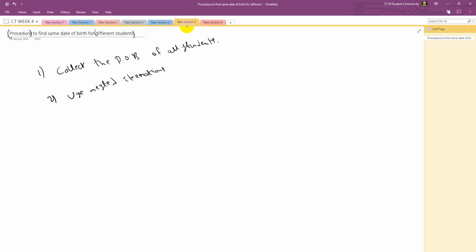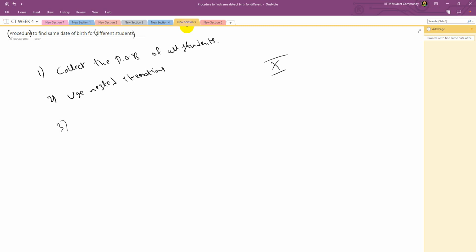This is what the second step is. And the third step is, if you are using nested loops, then within the inner loop, compare the date of birth of the current student, or I mean the student who is outside. Outside means whose card is picked up.